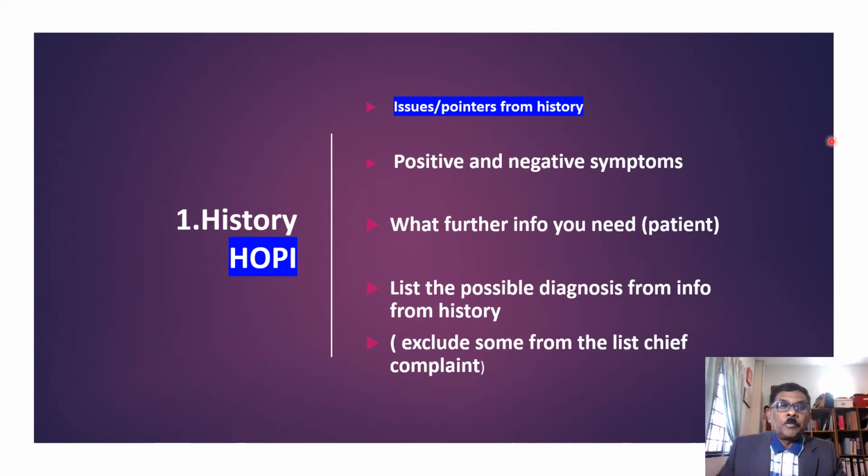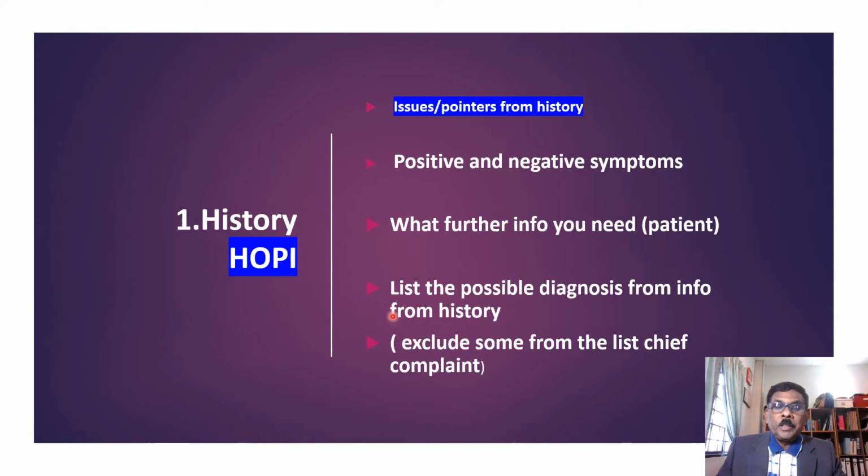Okay, from the history of present illness, you look for the issues or pointers from the history. You list the positive and the relevant negative symptoms, and at the same time you also make a list of what data you may want to know further from the patient.